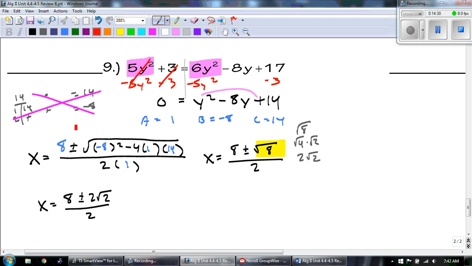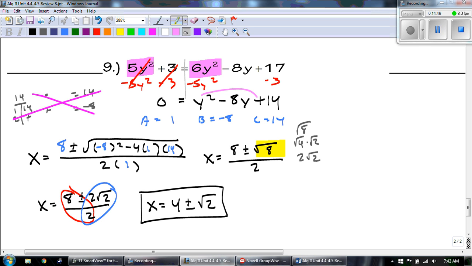And when we break that down, okay, 8 divided by 2 is 4. And 2 square root 2 divided by 2 is just the square root of 2. So our final answer is 4 plus or minus the square root of 2.